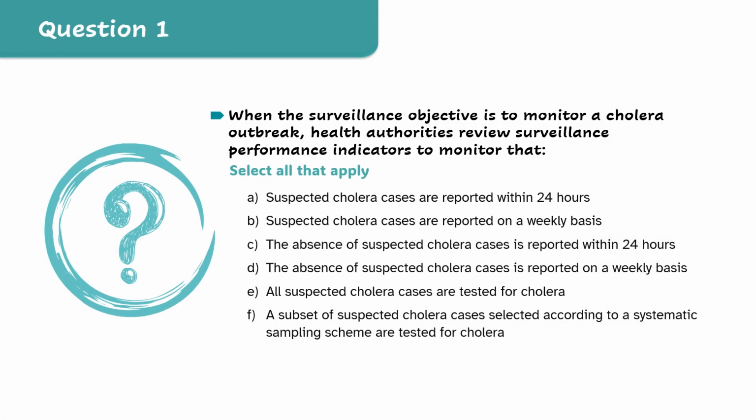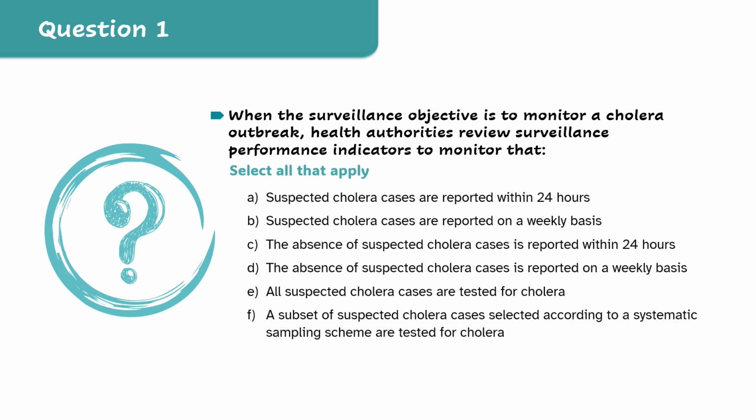Question 1. Select all that apply. When the surveillance objective is to monitor a cholera outbreak, health authorities review surveillance performance indicators to monitor that A. Suspected cholera cases are reported within 24 hours. B. Suspected cholera cases are reported on a weekly basis.